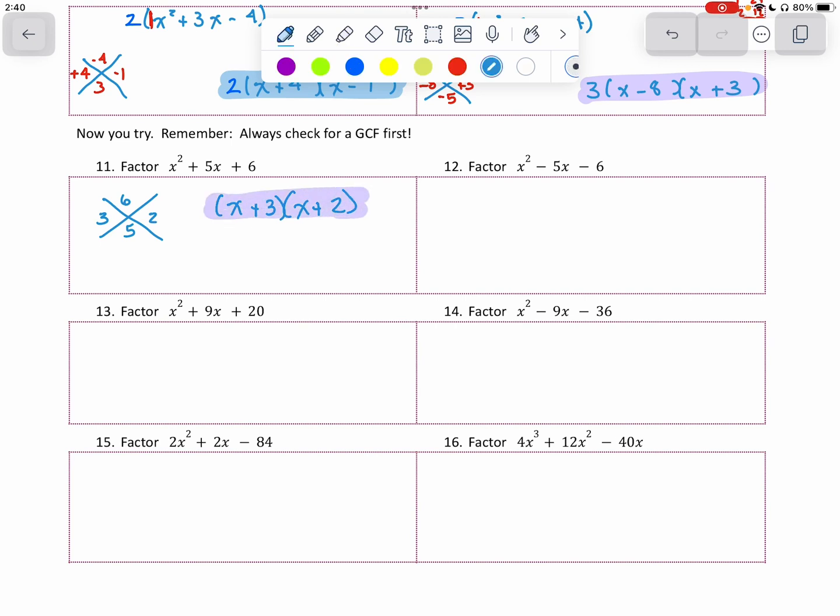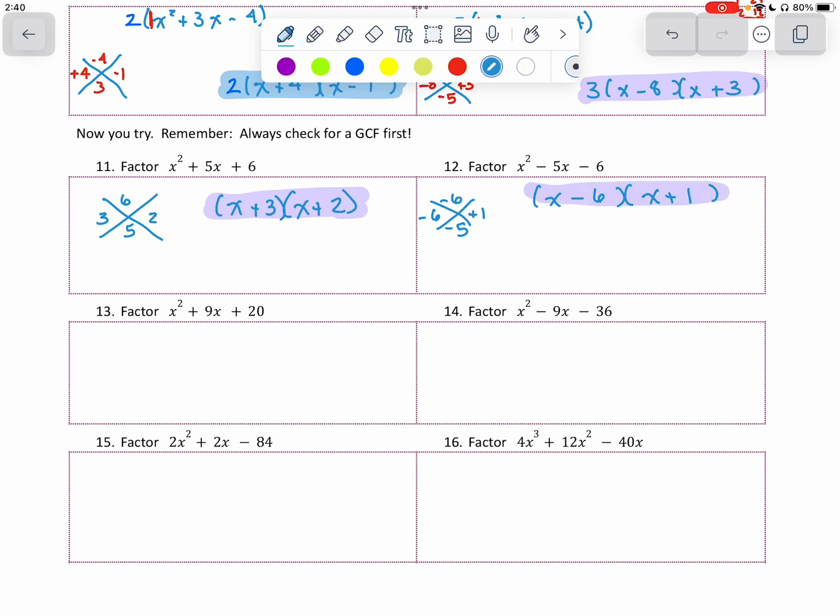Next one, two numbers that multiply to give me -6, that add to give me -5. It's going to be -6 and +1. Go straight to the factors because my value of A is 1. So x minus 6, x plus 1. And that's my factored form.